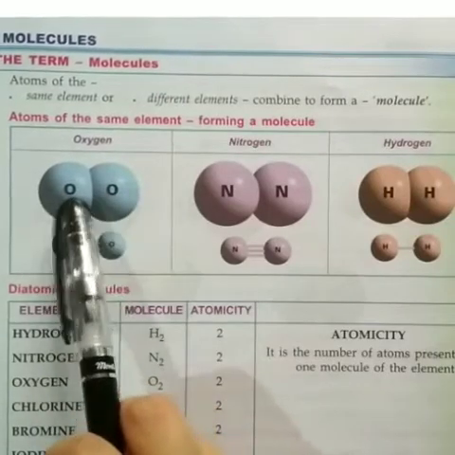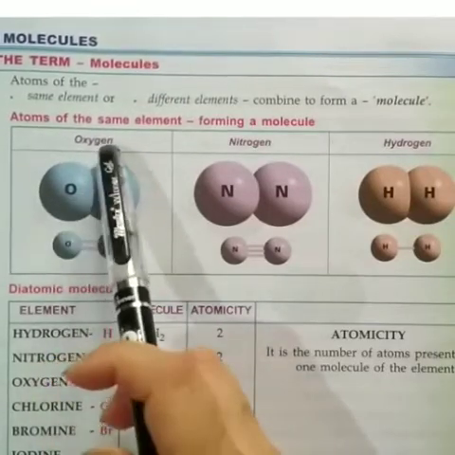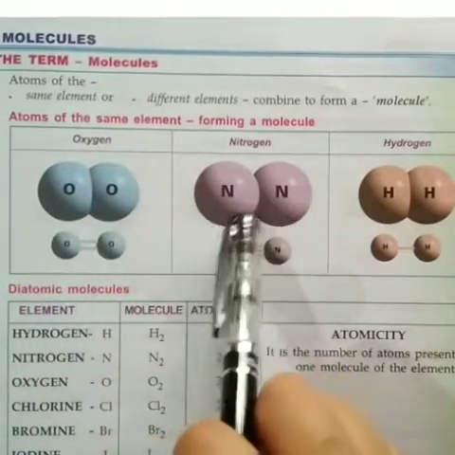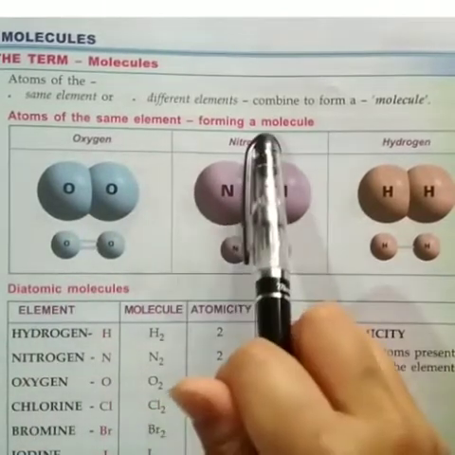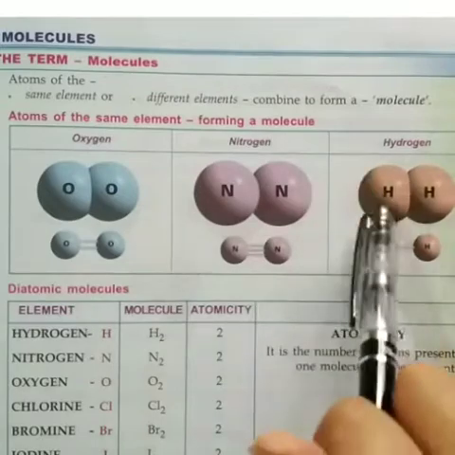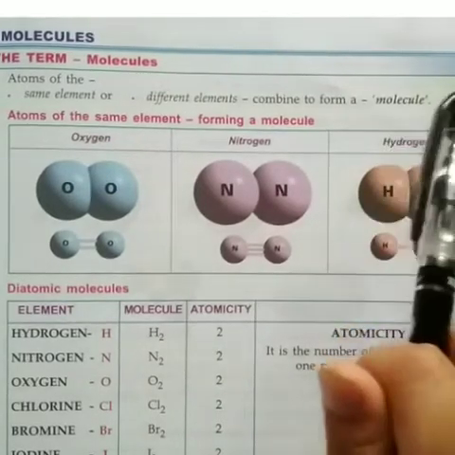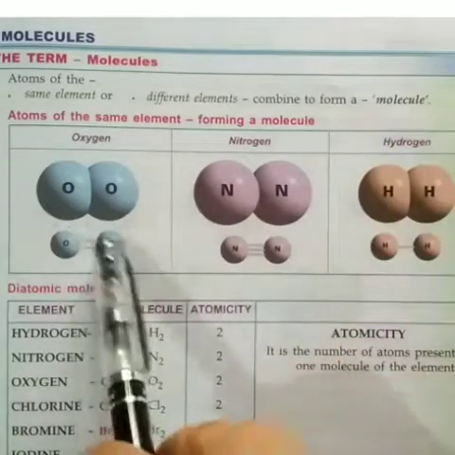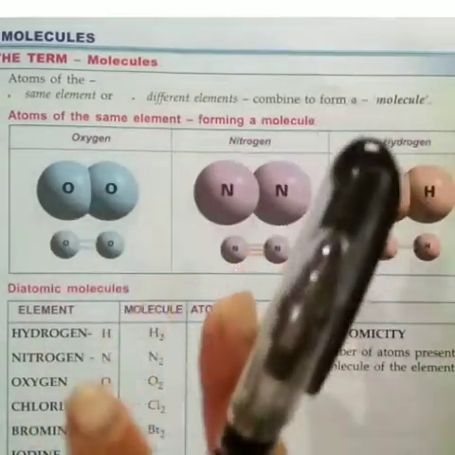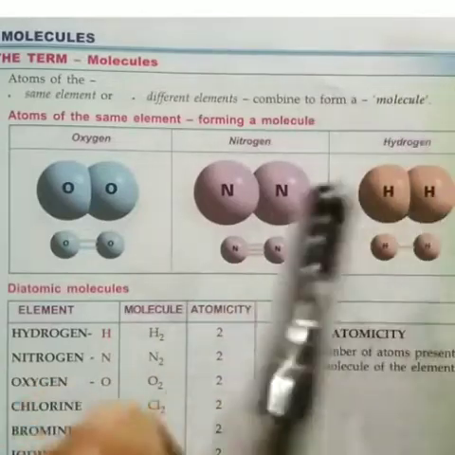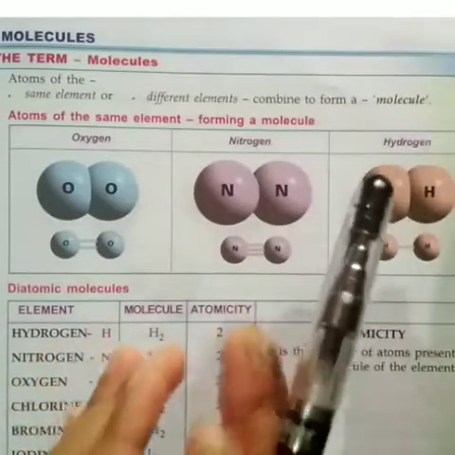These two atoms, when they combine, form the molecule of oxygen. Two atoms of nitrogen combine to form the molecule of nitrogen. Two atoms of hydrogen combine to form a molecule of hydrogen. When two atoms combine to form a molecule, they are called diatomic molecules.